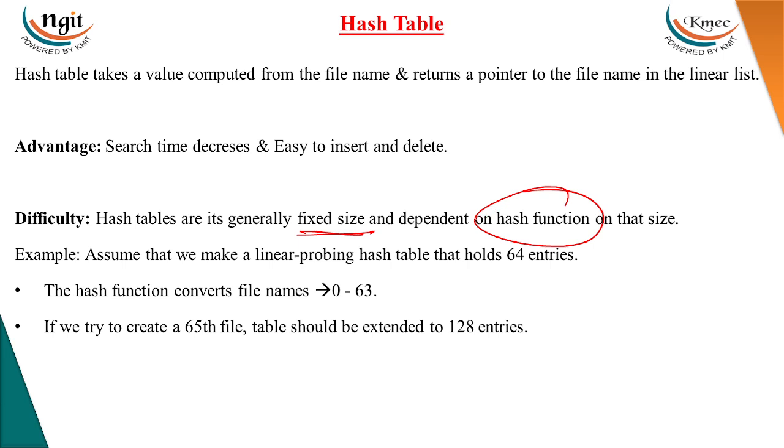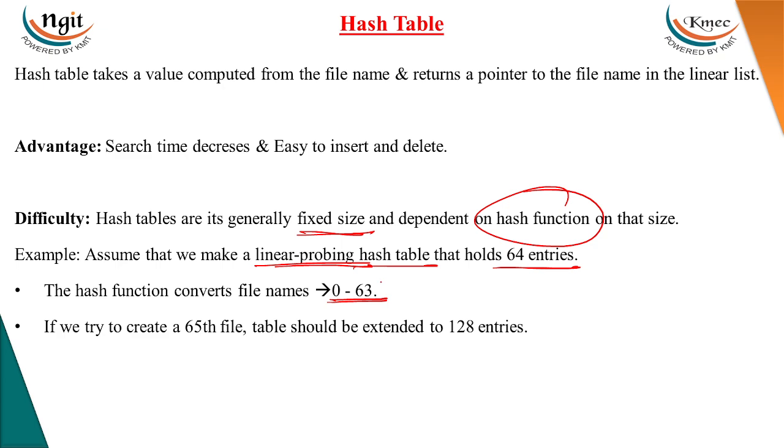Let's see an example. Assume that we make a linear probing hash table which holds 64 entries. When you give a file name to this hash function, it converts the file names to 0 to 63.